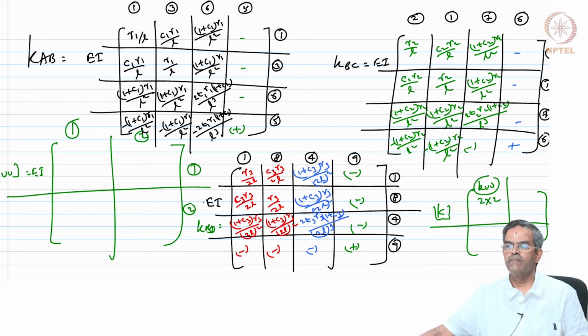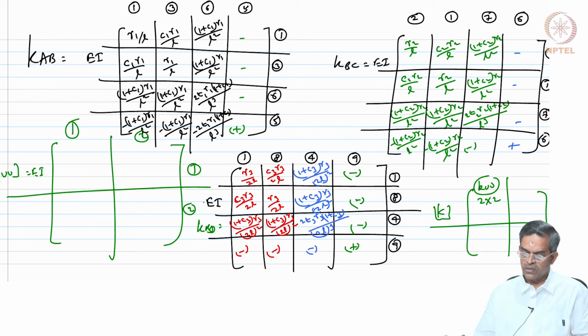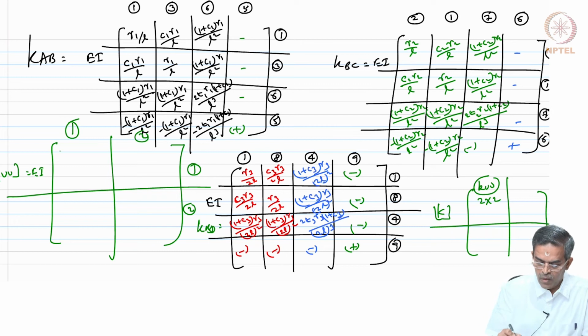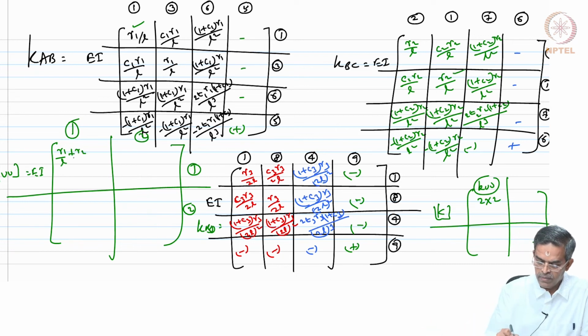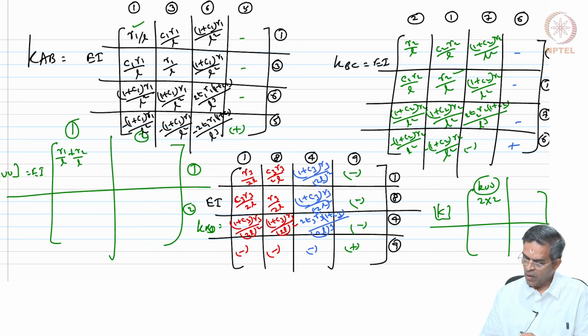So, I should say R1 by L, that is 1 1, then I get R2 by L, then I also get R3 by 2L, okay, this one.